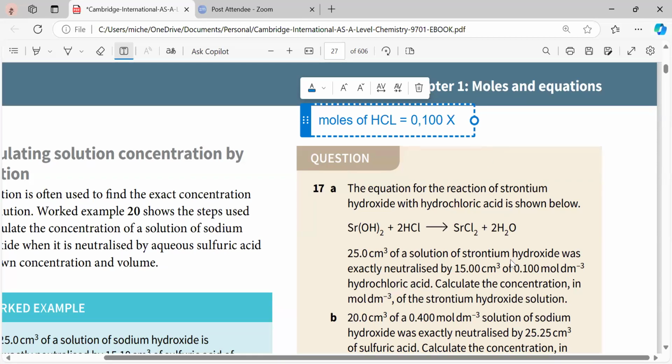Now we have 15 right here, which is the volume. It's not in decimeter cube, so you have to convert that by dividing it by 1,000. I'm going to use a calculator just not to miscount.